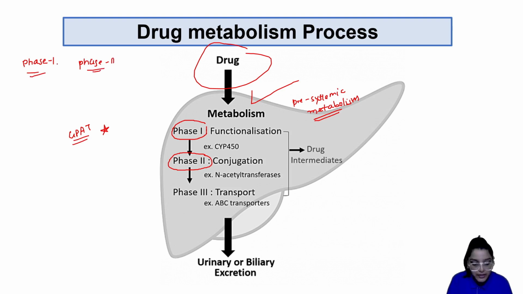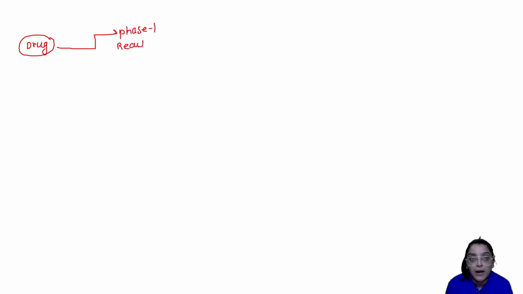Now, before looking into this, I will draw another basic diagram where you can understand. Suppose this is the drug that you have administered. Firstly there will be a phase 1 reaction that is going to happen. This phase 1 reaction will produce inactive metabolites.